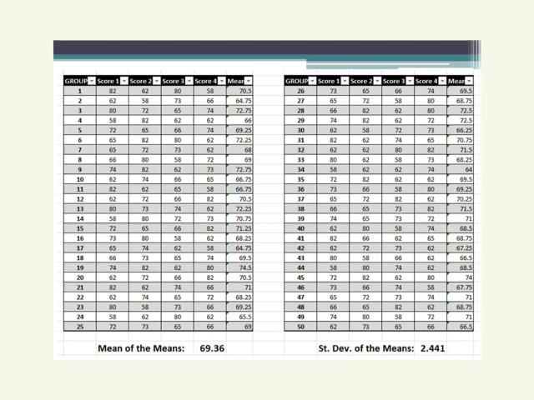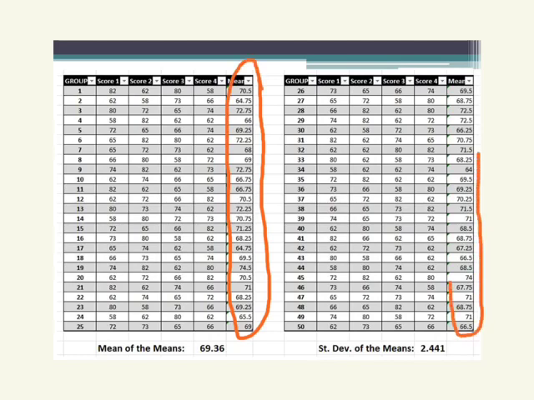So when I look at these numbers here, if I did this for all 210 possible samples that could have been created of size 4 from this population, and put all those means together as a set of data, that would be the sampling distribution.